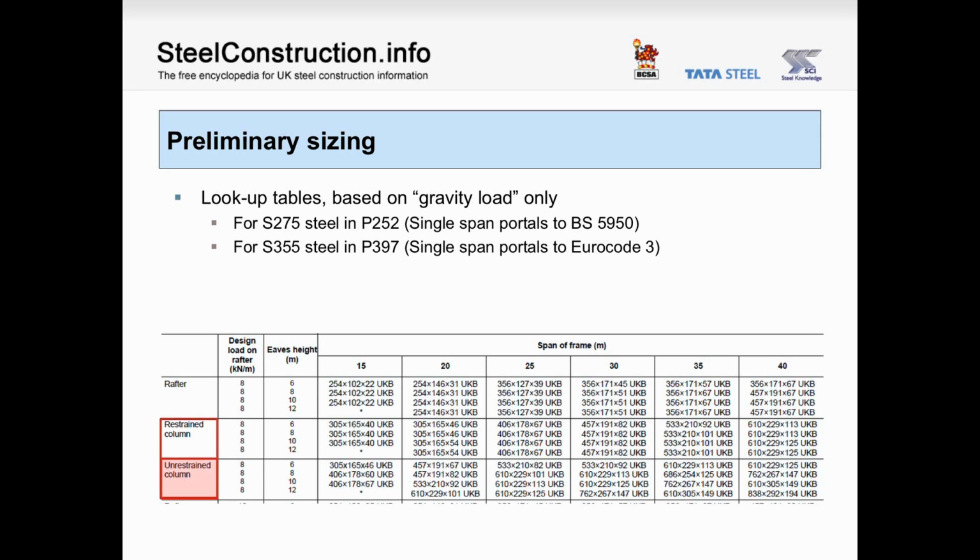The section sizes for the unrestrained column are therefore significantly larger than the restrained column. So at this very early stage in the process, we need to decide whether these additional restraints are possible or not, and that will then define whether we should select a restrained column or an unrestrained column.